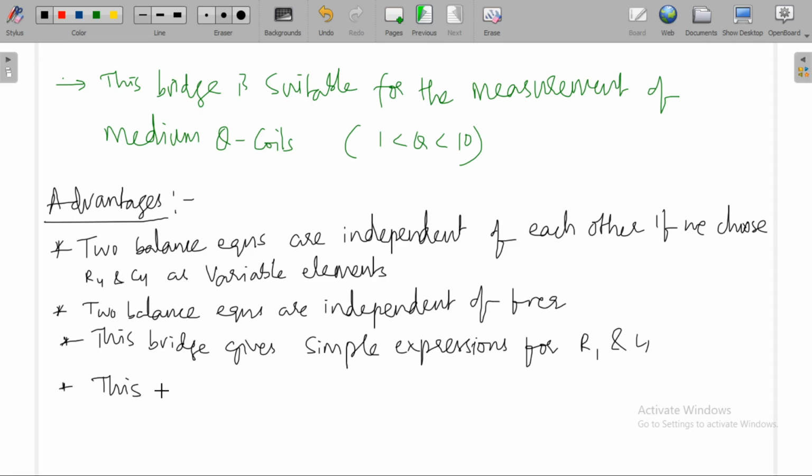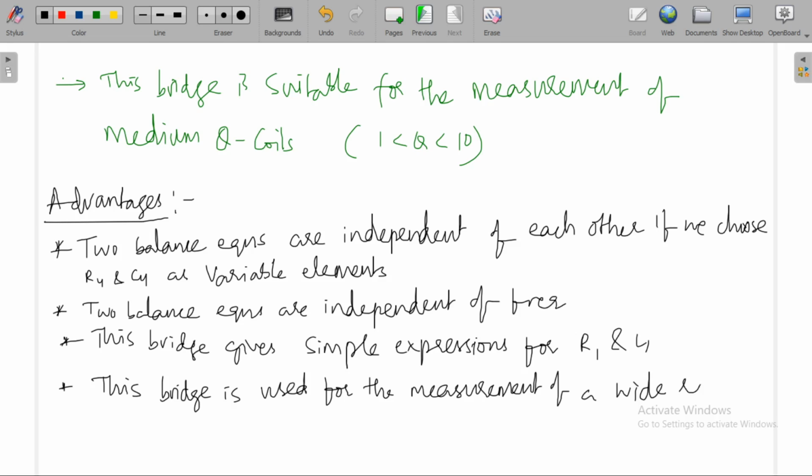This bridge is used for the measurement of a wide range of inductance at power and audio frequencies.